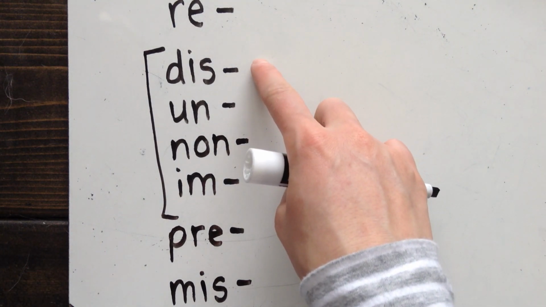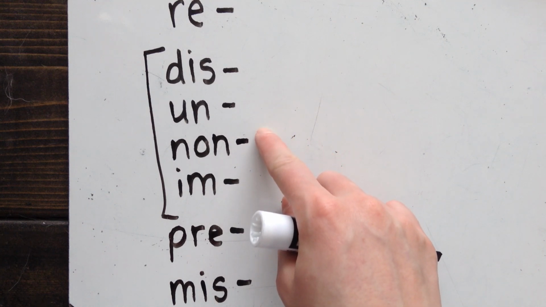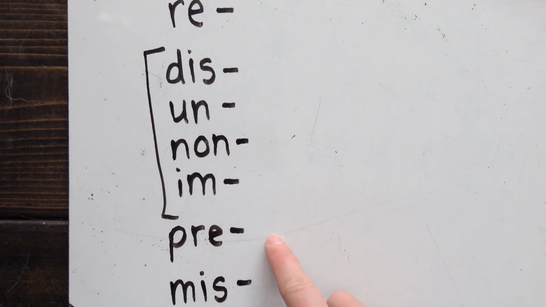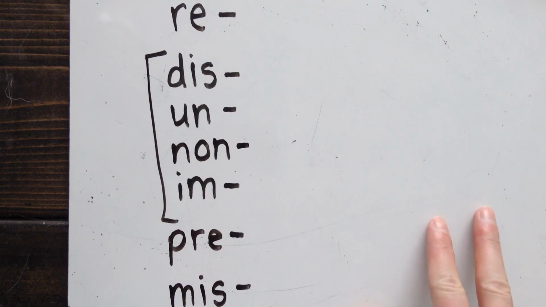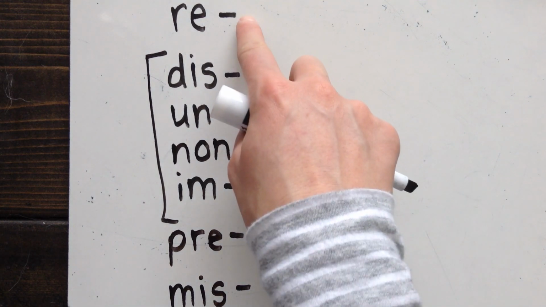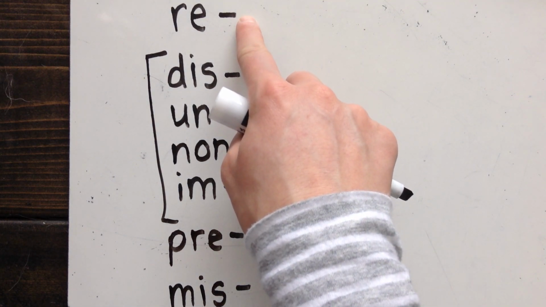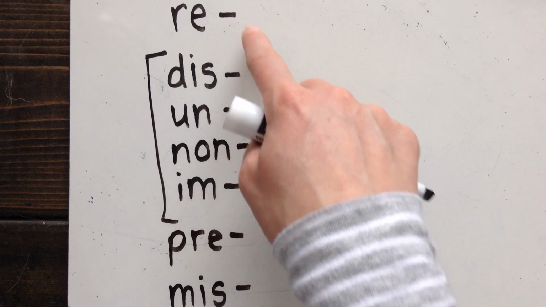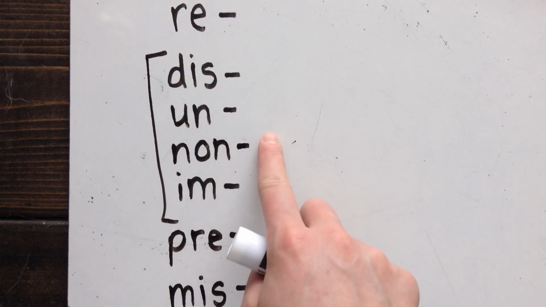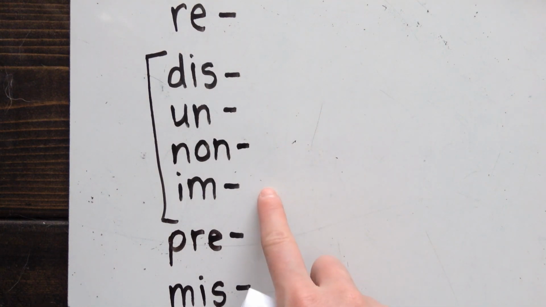Re, dis, un, non, im, pre, and miss. Can you remember the meaning of each? Re means again. Dis, un, non, and im mean not. Pre means before. Miss means wrong. Be on the lookout for prefixes everywhere.